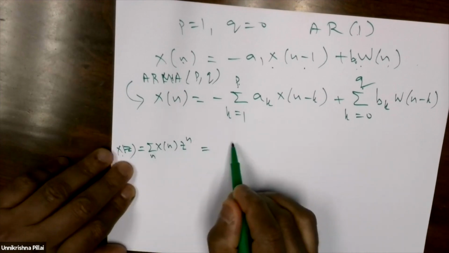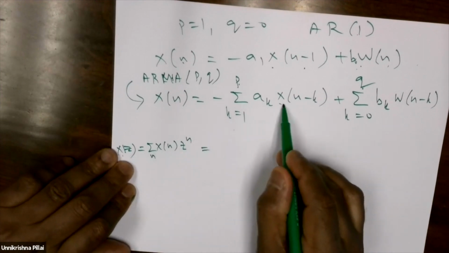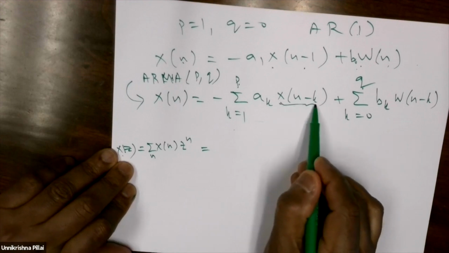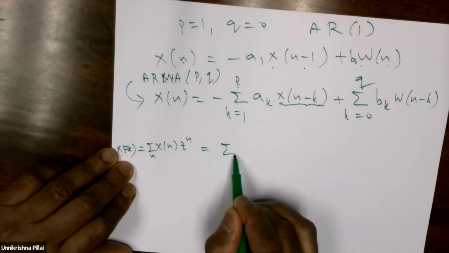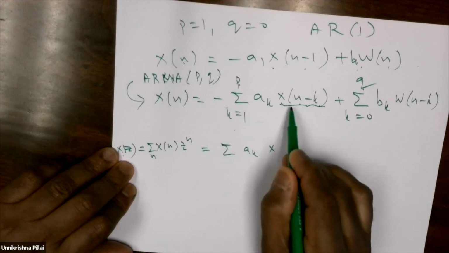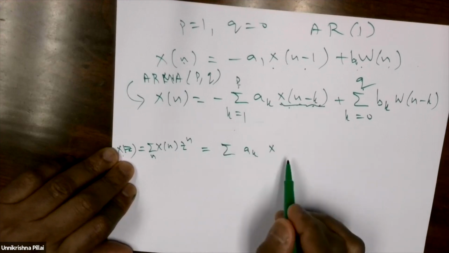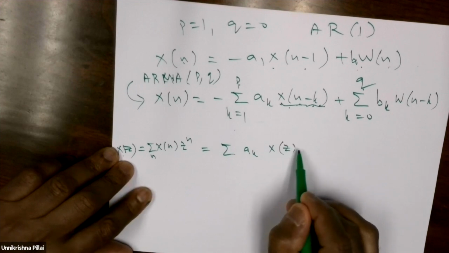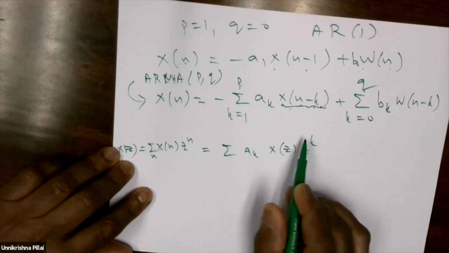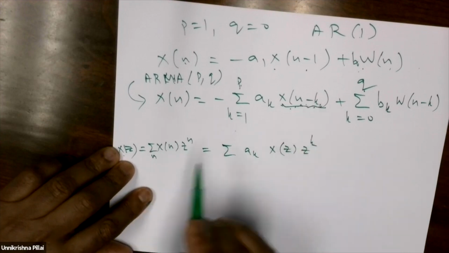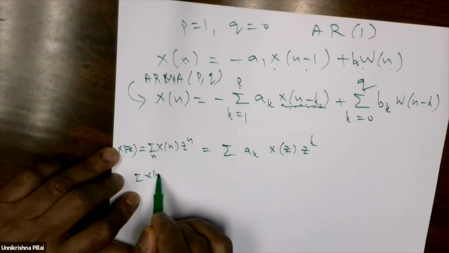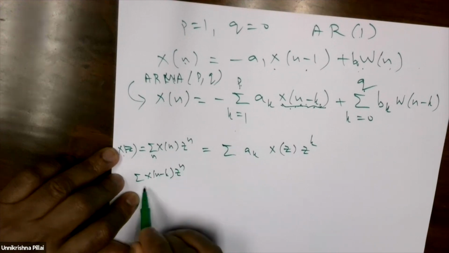Does anybody remember what is the Z transform of a delayed signal? What is the Z transform of this sequence, x[n minus k]? Anyone? So you go through this definition and substitute x[n minus k] multiplied by z to the power minus n.